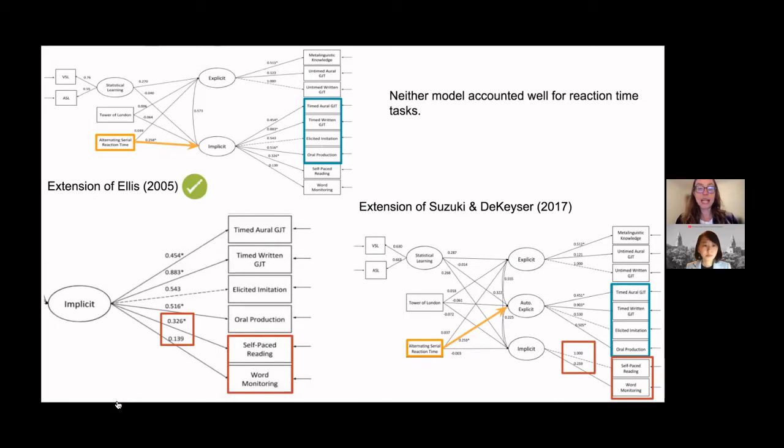And so you see that here, this is an enlarged version of detail from the Ellis model, as well as Suzuki and DeKeyser's models. The factor loadings are low, and with one exception, they are also statistically non-significant. And so this suggests that further research in this area is certainly needed, and that our current understanding of the validity of these measures may be lacking.